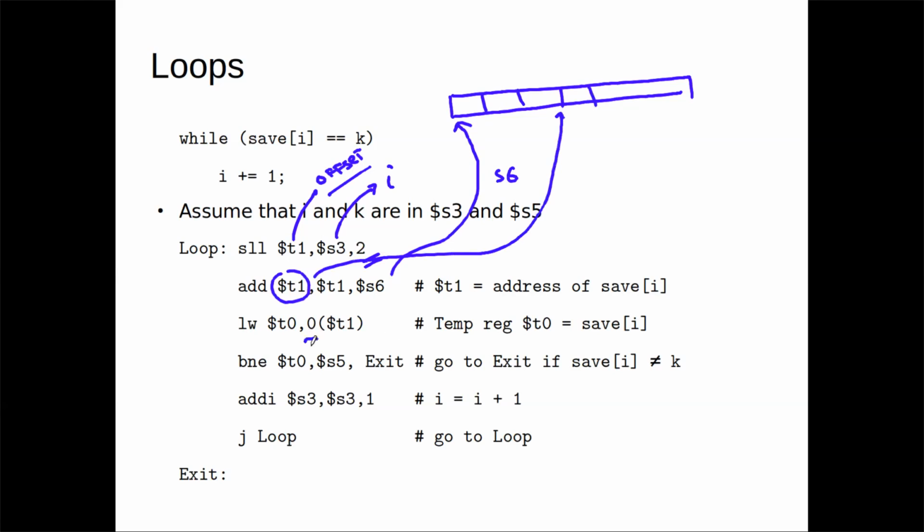Then we load it with this 0 offset into a temporary variable T0. And as you were saying, branch not equal T0 S5. S5 contains K, right? My add immediate on the index, and it either jumps to the exit or unconditionally jumps back to the loop. Go ahead.